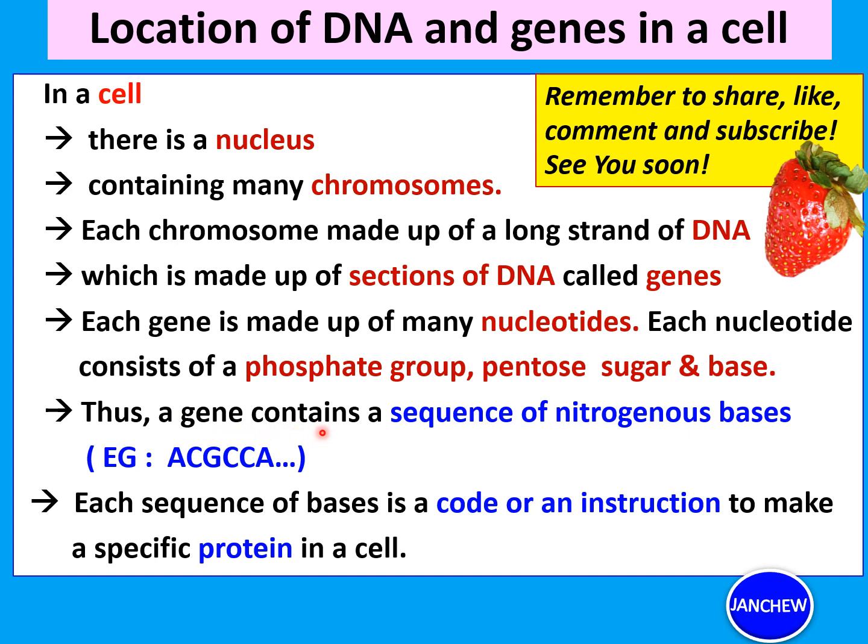Thus, a gene contains a sequence of nitrogenous bases such as adenine, cytosine, guanine, ACG, then CCA, and so forth. Each sequence of bases is a code or an instruction to make a specific protein in the cell, right?